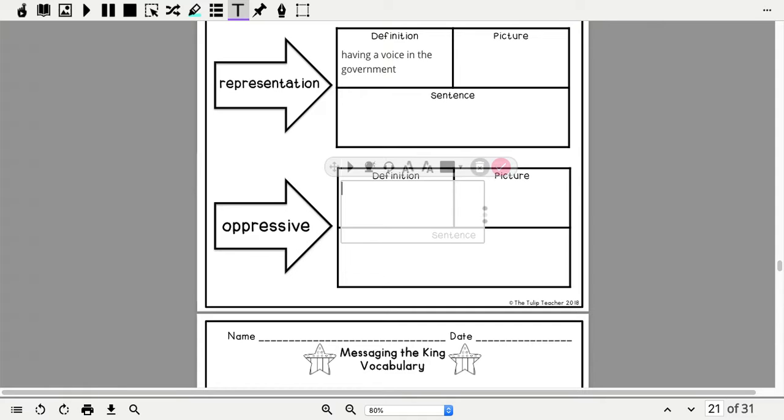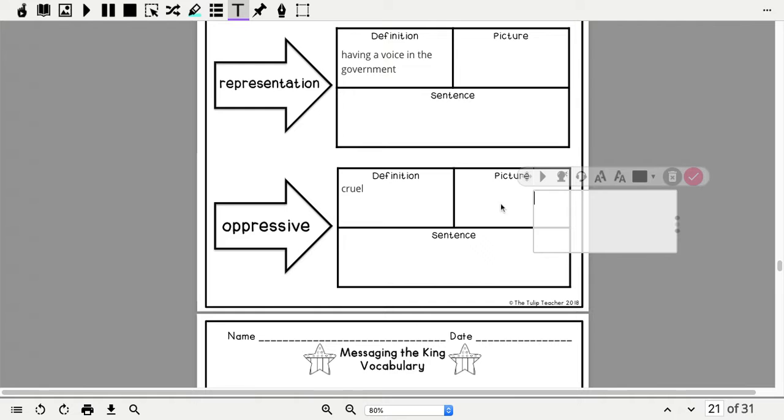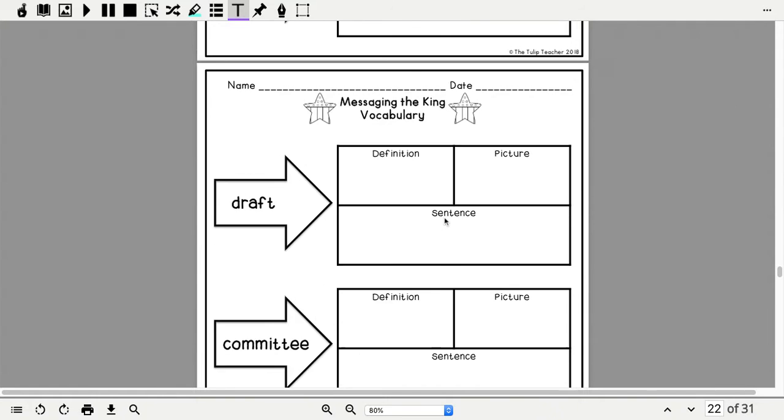In his writing, Thomas Jefferson explained that Parliament and King George III were abusing their power and creating an oppressive or cruel government. So oppressive means cruel. You see how I use those context clues there? So draw me a picture of it and write me a sentence.